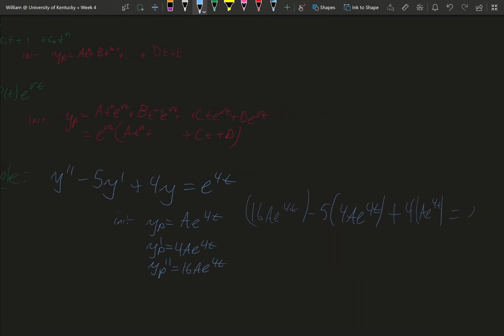Right, and we want this to just be equal to e to the 4t. Well, we can pull that out, just divide through, and we get 16a minus 20a plus 4a equals 1. But if we simplify that, we get 0a equals 1, and we can't solve the equation.